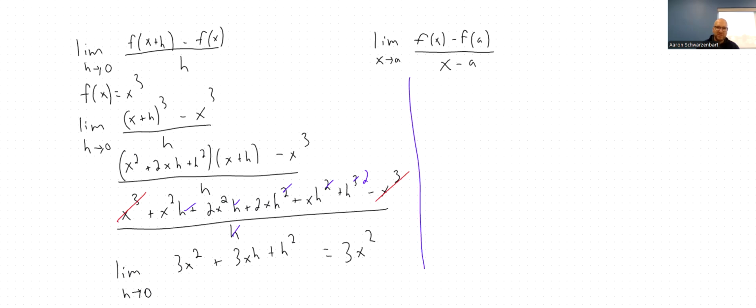Okay, now we're going to go to g of x. We'll use definition 2. Limit as x approaches a of square root of x minus square root of a over x minus a. Which, since x is approaching a, the denominator is 0, just like the h.